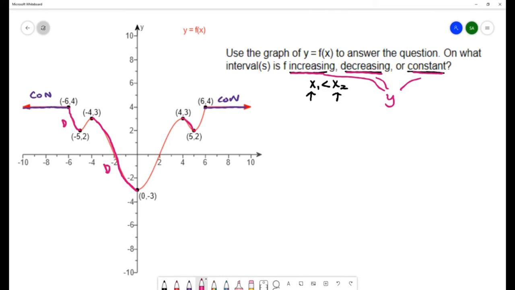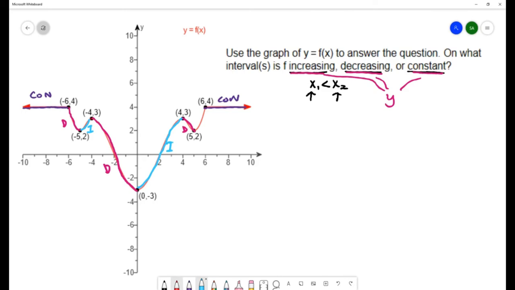And this section is decreasing. And then we have some sections that are increasing. And so we can visually see on the graph where these different sections are increasing, decreasing, and constant.